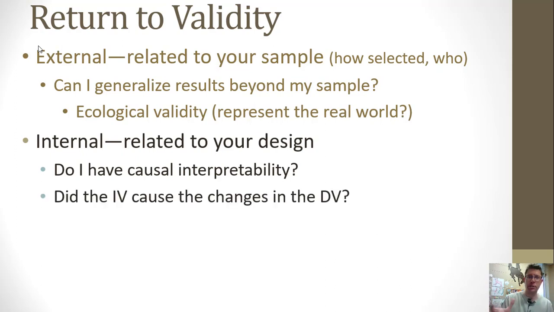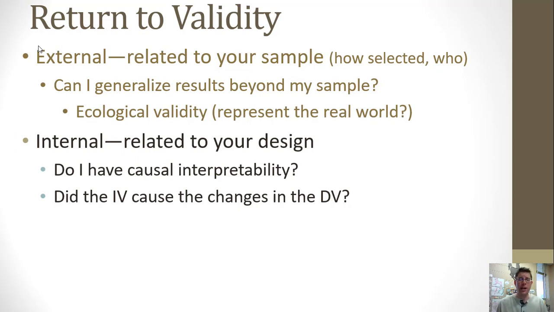Another way of talking about internal validity: can I say my independent variable caused the changes in my dependent variable? If you can, you have high internal validity. And your ability to say that goes back to those four criteria and ruling out confounds.